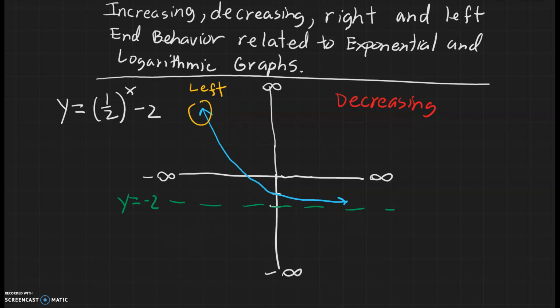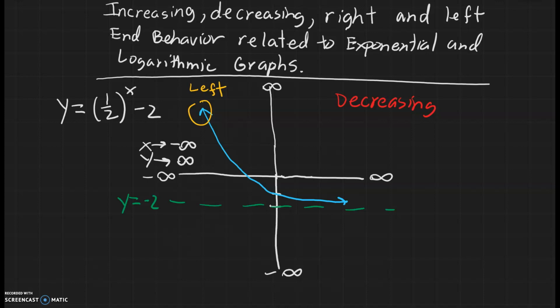So the left end behavior would then be, as x approaches negative infinity. So instead of saying approaches, we can just write an arrow. Then we would say y approaches positive infinity.